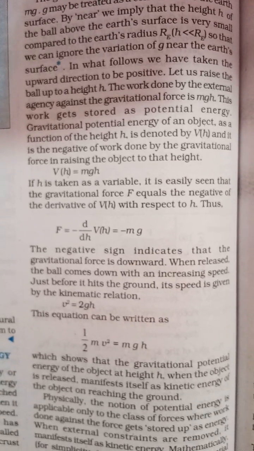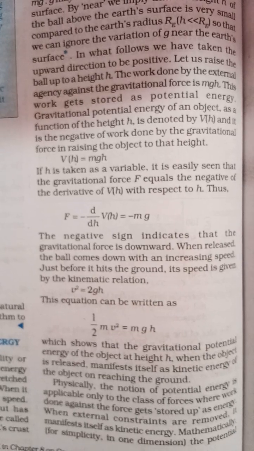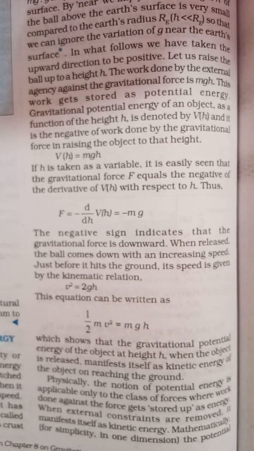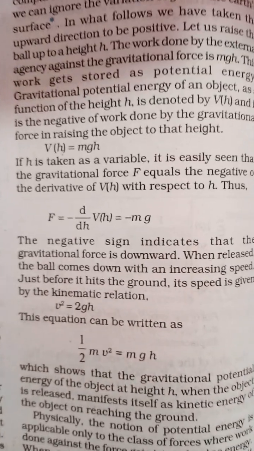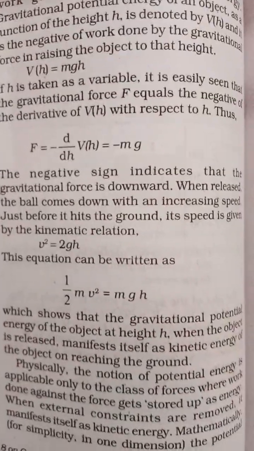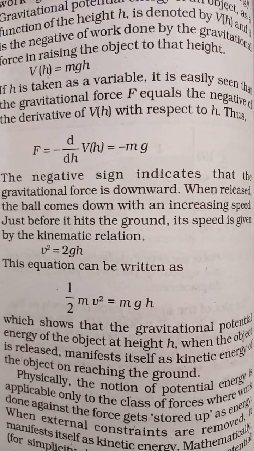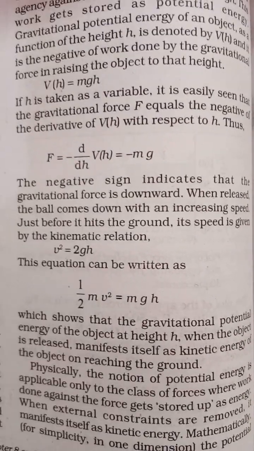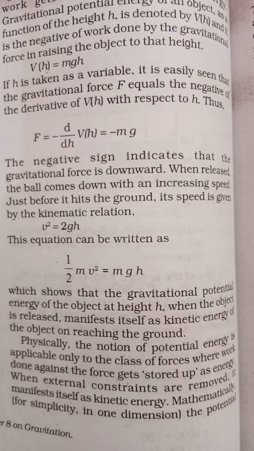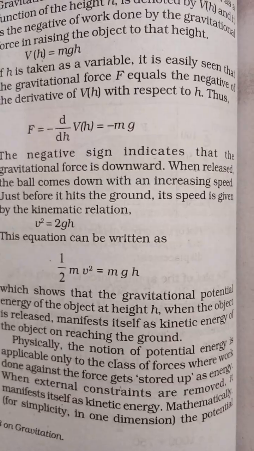If h is taken as variable, it is easily seen that the gravitational force F equals the negative of the derivative of V(h) with respect to h. Thus, F is equal to minus d by dh of V(h), which is equal to minus mg. The negative sign indicates that the gravitational force is downward.